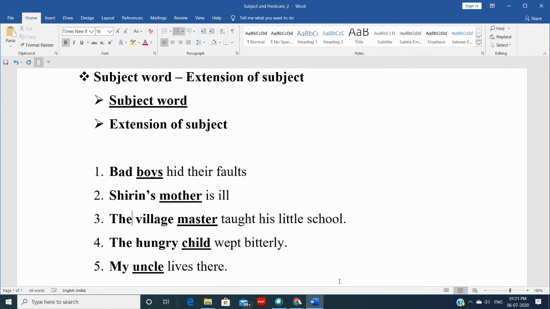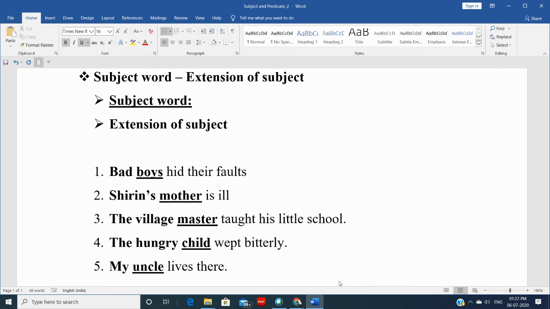So that's why the main word because of which the subject part exists is called the subject word. Okay? So let's see what we saw. We are looking at the subject word. What is a subject word? A subject word is a word of a subject. Okay, but which word? The word without which the sentence cannot be made. Why can't it be made?